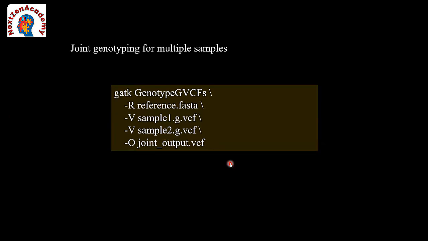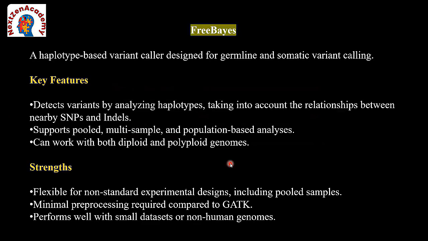We need to give the reference FASTA if you are working with the human genome, the human reference genome, and sample one, that is V1, V2. If you have multiple sets of samples, we need to give V1 to VN, and that is helpful to produce the joint outputs.